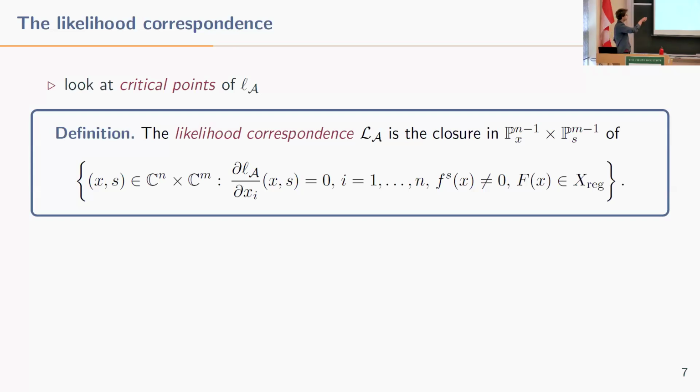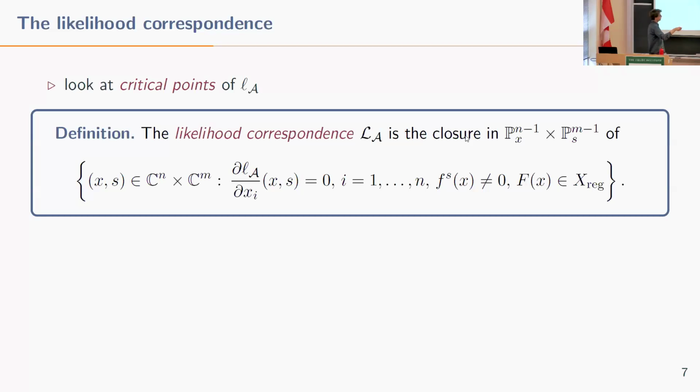And we take all such pairs of parameters and data such that for this particular data, x is a critical point of the log likelihood function. Note that these are rational functions, so it makes sense to take the Zariski closure of this in projective space.